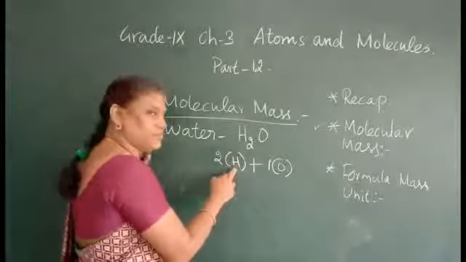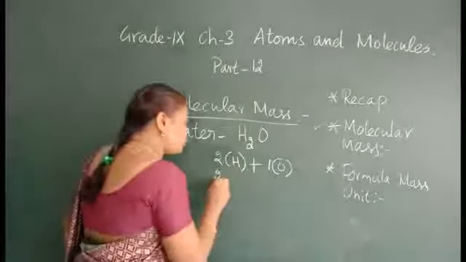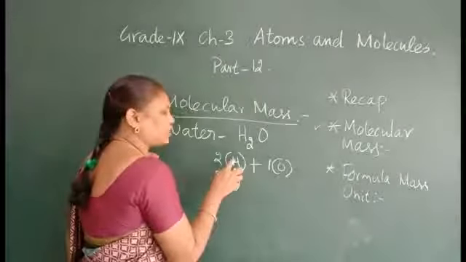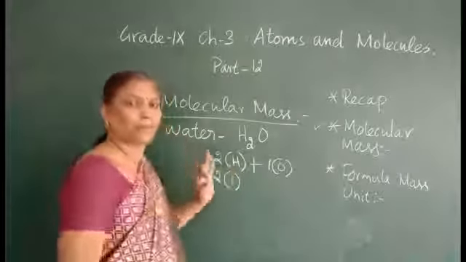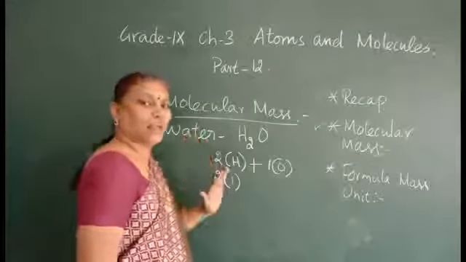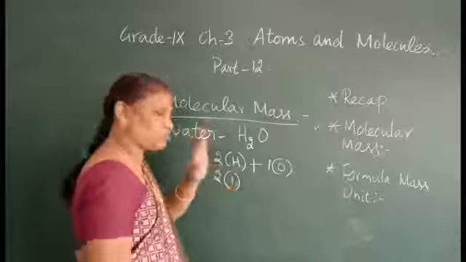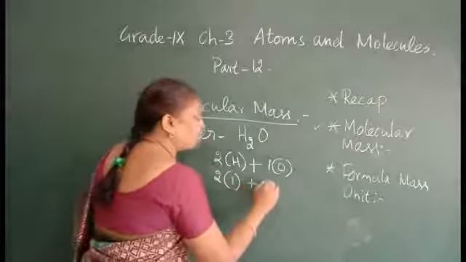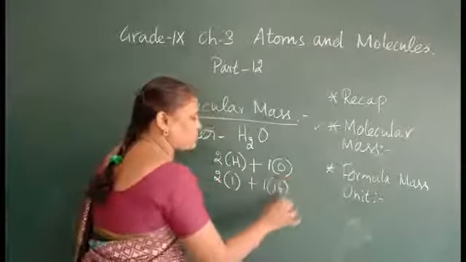You refer to page number 25. I will tell you now. The atomic mass of hydrogen is actually 1.008, but we cannot write it accurately, so approximately it is 1. And for oxygen it is 16.